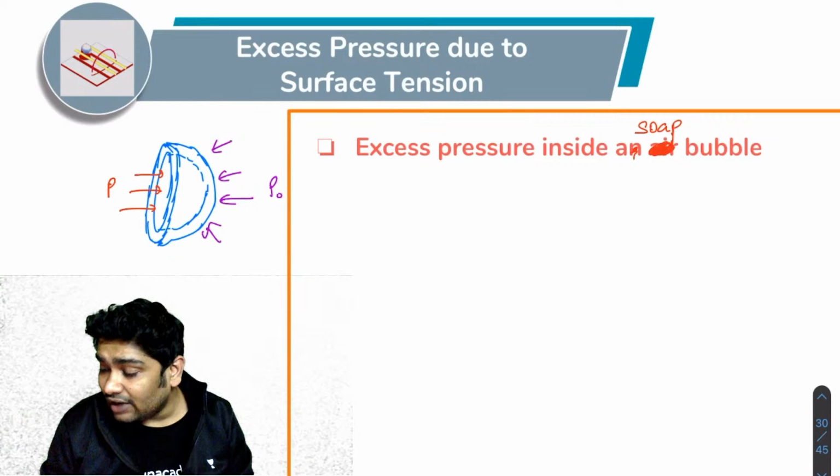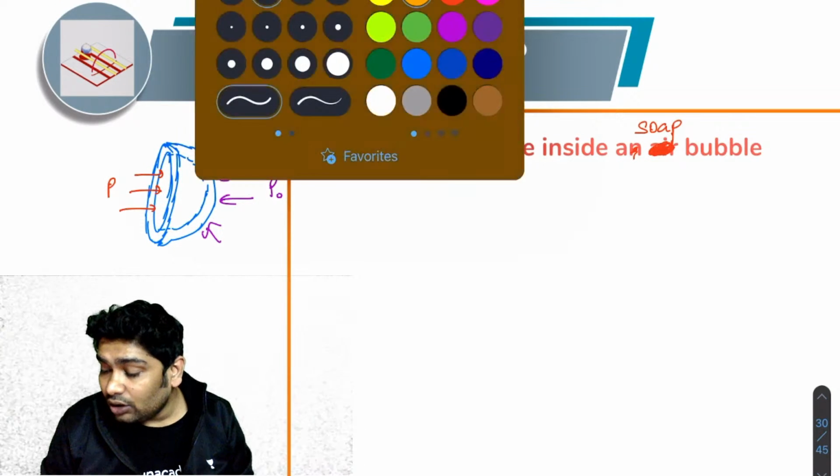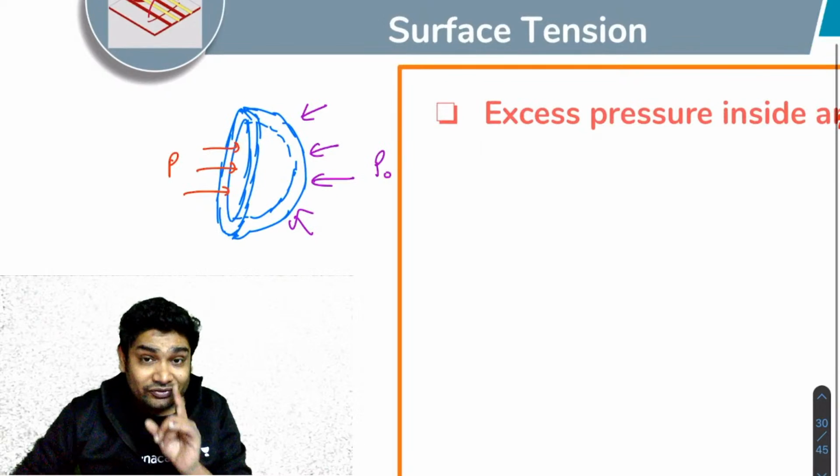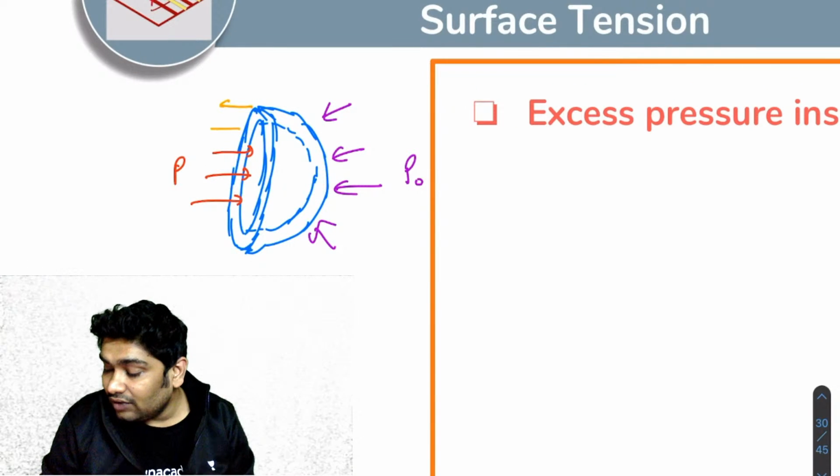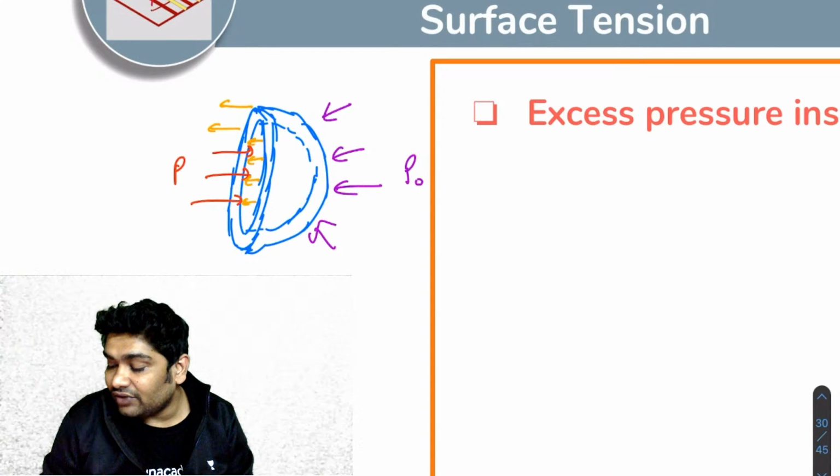Now you also have surface tension force acting on two surfaces. Here you have two free surfaces: the internal free surface and the external free surface.